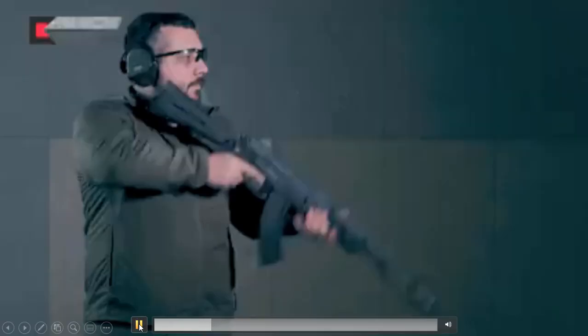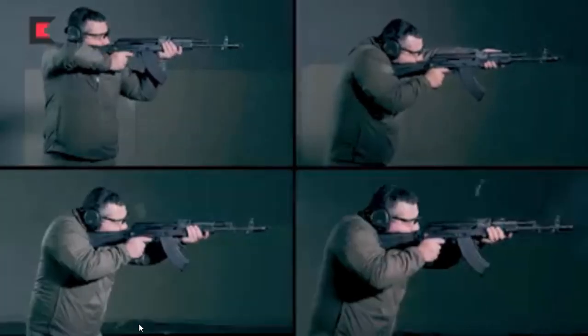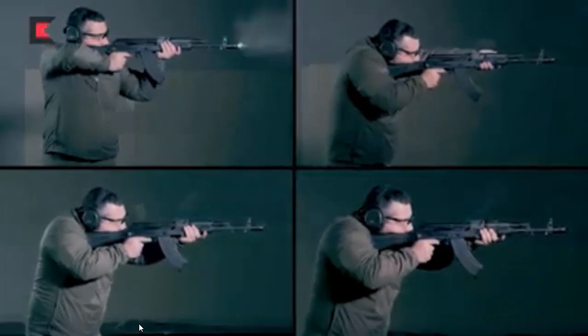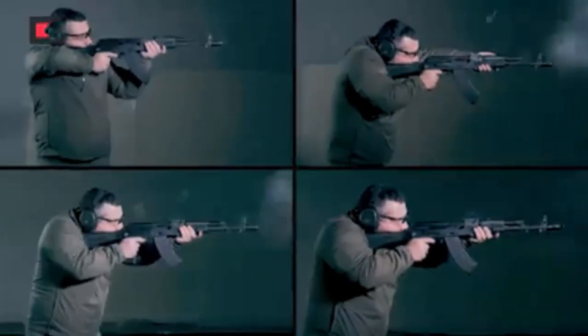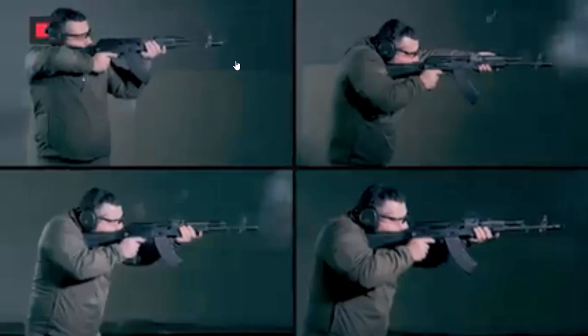Okay, so first we have a rifle. If you notice, when the man fires the bullet, the rifle will recoil backwards.